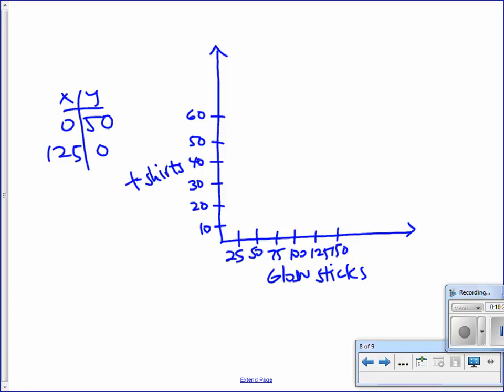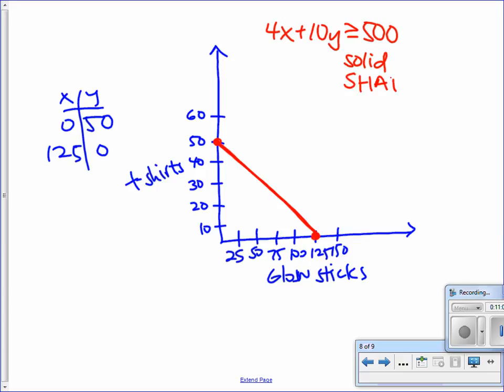My equation, if you remember, was 4x plus 10y is greater than or equal to 500. Well, t-shirts max is 50, glow sticks max is 125. I have 2 points, and all I need to do is connect the dots. Connect the dots. And it is a solid line because of my inequality symbol, but because it is an inequality, we need to remember to shade.